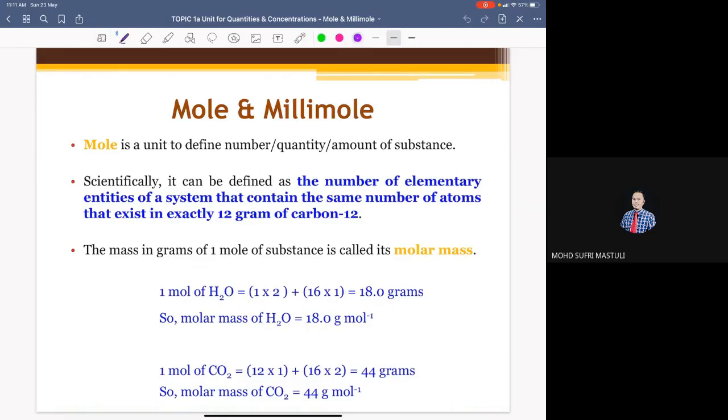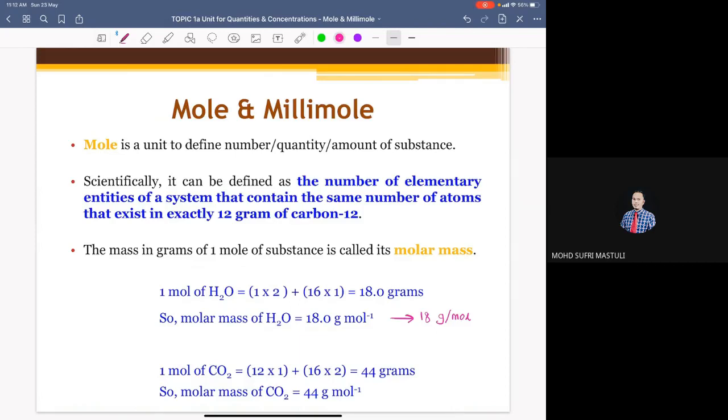So this 18 gram per mole can also be written as 18 g/mol. Another example is 1 mole of CO2. From the chemical formula and also the atomic mass from the periodic table, you can calculate the molar mass of CO2.